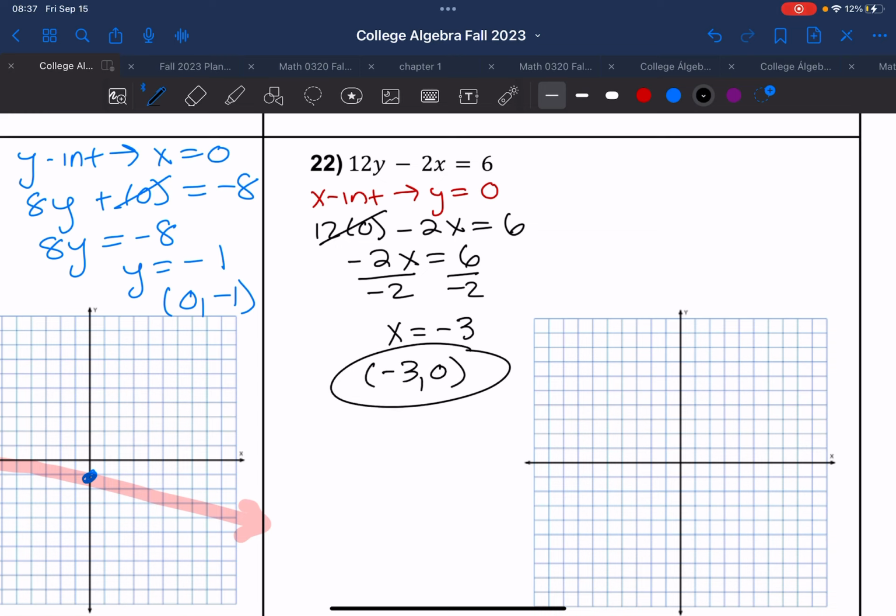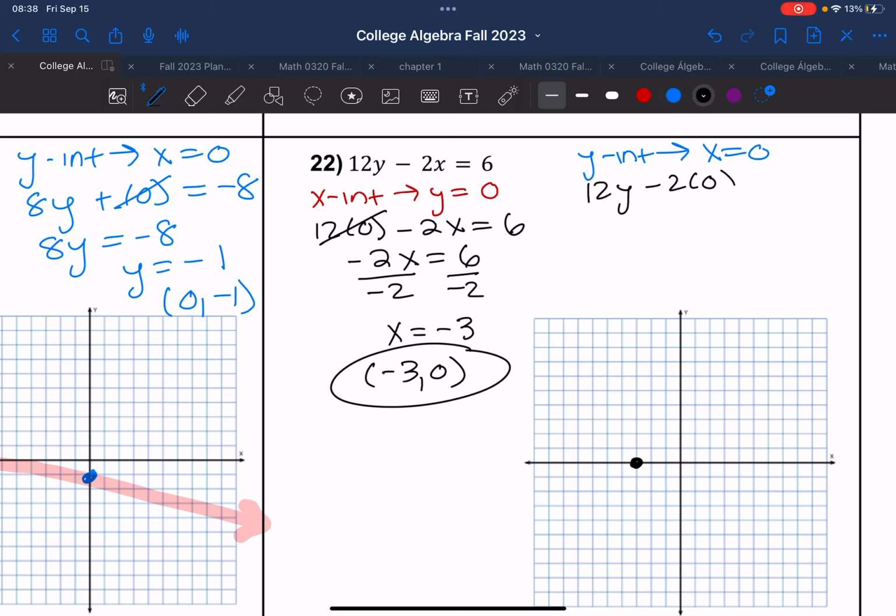Plotting that first, right here. Then I'm going to find my y-intercept, and that is when x is equal to 0. So I have 12y minus 2 times 0 is equal to 6. That -2 times 0 cancels, so I'm left with 12y equals 6. Dividing both sides by 12, I get y is equal to 6 over 12, which is 1/2, but I'm going to turn that into a decimal, 0.5.